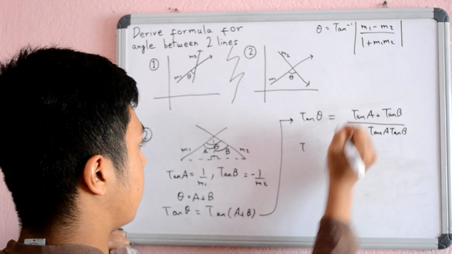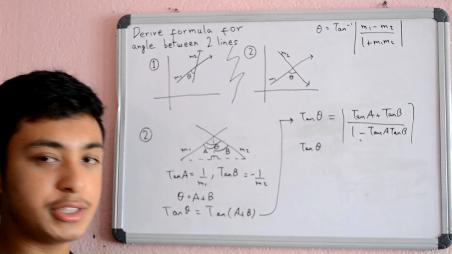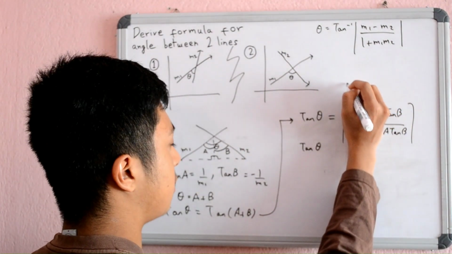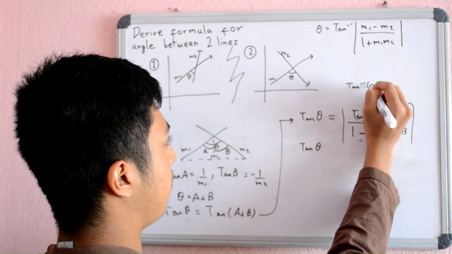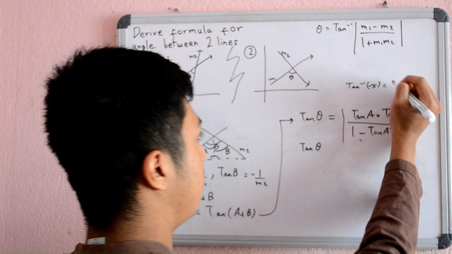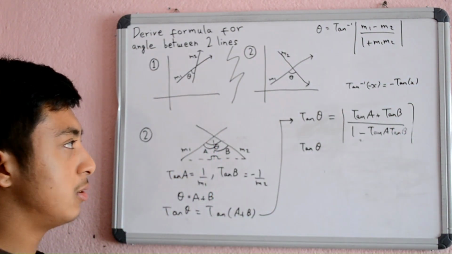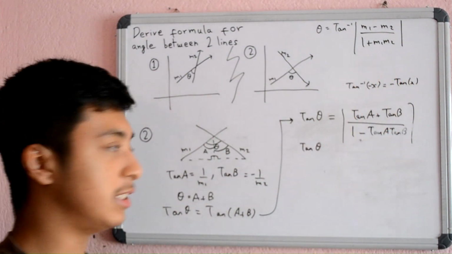This is modulus because theta must always be positive, as I said earlier, and also because the tangent inverse of minus x will give minus tan inverse x, so that means our angle would be negative, which doesn't make sense.